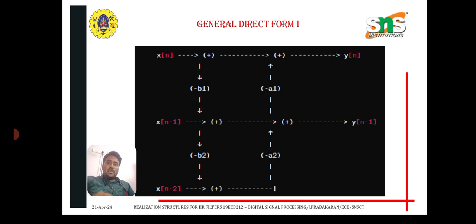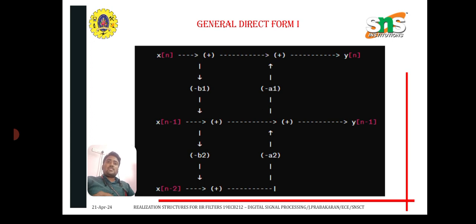In this diagram, x of n, x of n minus 1 and x of n minus 2 are the current and past input samples stored in delay elements. y of n, y of n minus 1 are the current and past output samples stored in delay elements. b0, b1, b2 and a1, a2 are the filter coefficients. The multipliers b1, b2, minus a1, minus a2 multiply the delayed input and output samples by their respective coefficients. The adders sum the products to produce the output sample y of n.